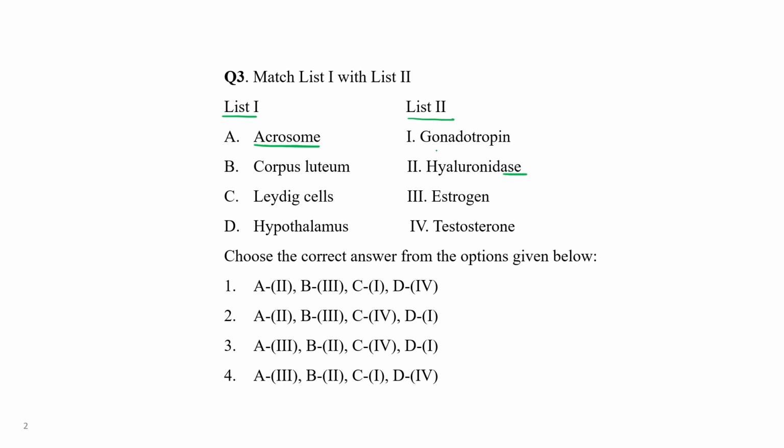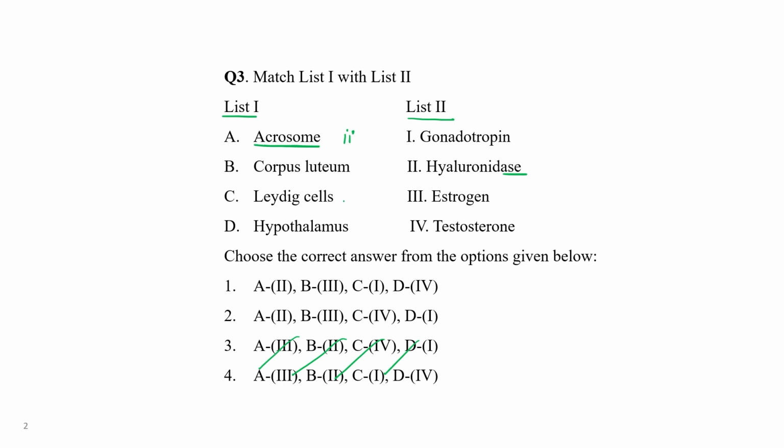Hyaluronidase enzyme is present in the acrosome. So can I write down 2 over here? Yes, so A with 2. So we nullify these two options, right? Out of 1 or 2, 1 is correct and 1 is not correct.